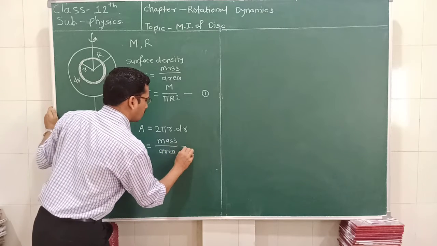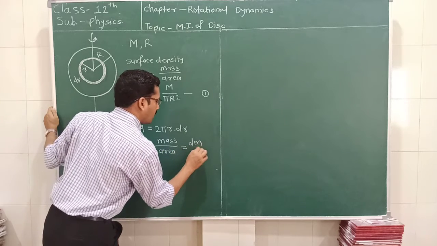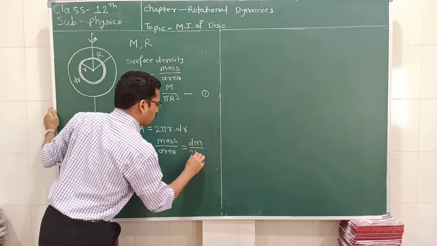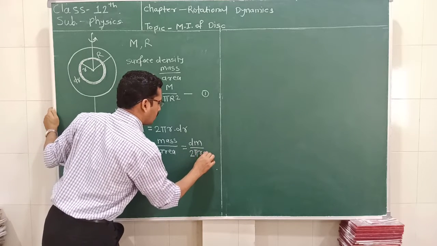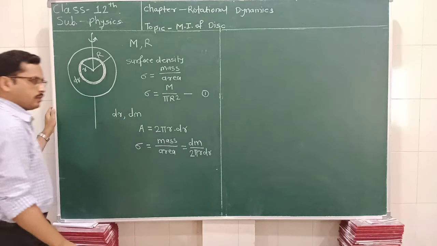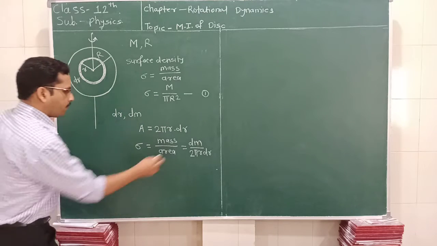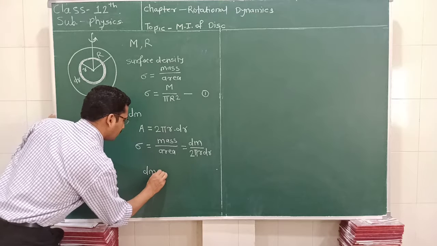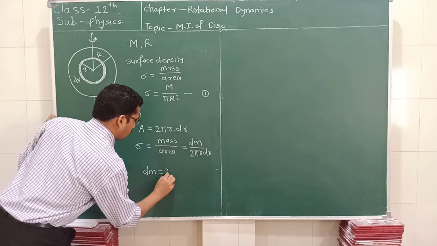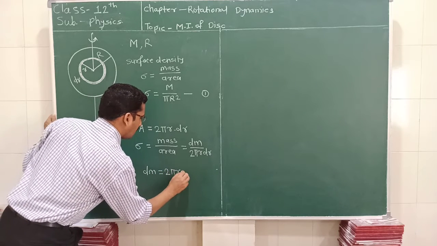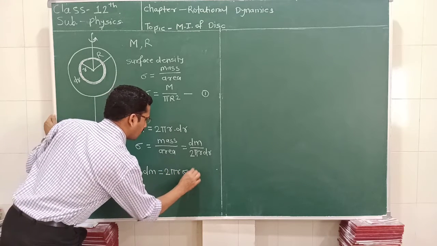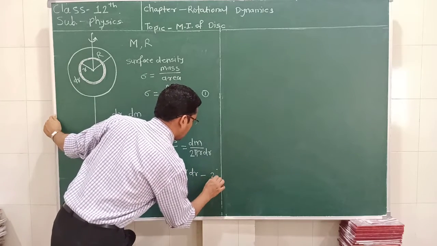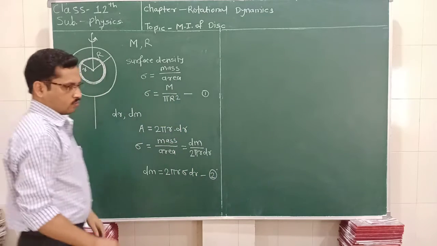The mass is equal to dm, and the area is equal to 2 pi r dr. Therefore, from this relation, we can say that dm is equal to 2 pi r sigma dr. This is equation number 2.